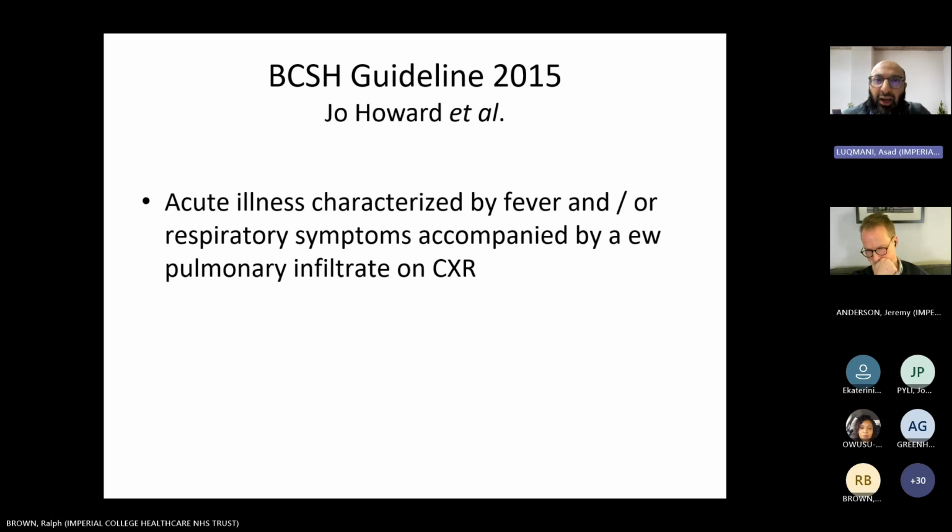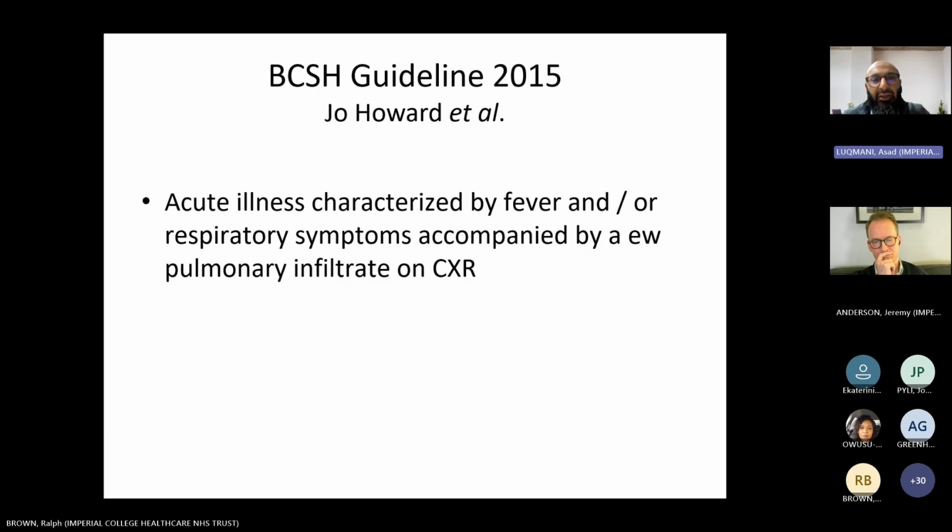There is a BSH guideline, again quite old, regarding the management of acute chest syndrome in patients with sickle cell disease. And they defined in that guideline acute chest syndrome as an acute illness characterized by fever and/or respiratory symptoms accompanied by a new pulmonary infiltrate on the chest X-ray.